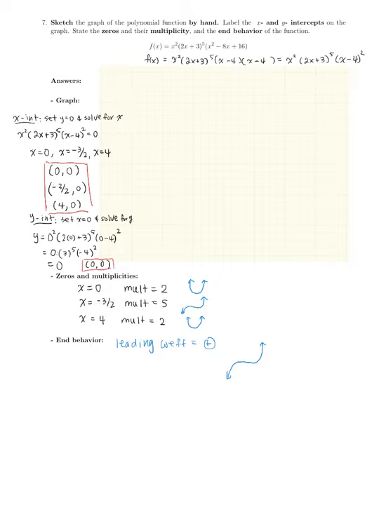All right, but in any case, let's take a look at this. You can conclude the end behavior when you're done graphing it out. So I'll just wait till we sketch this out a little bit. Okay, so let me just try to graph this.